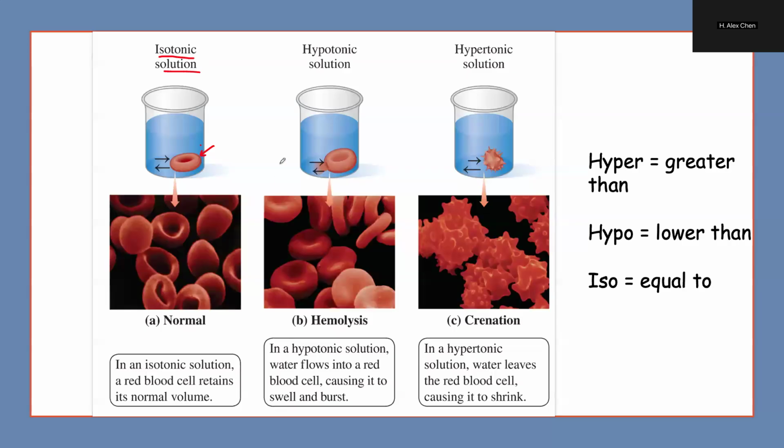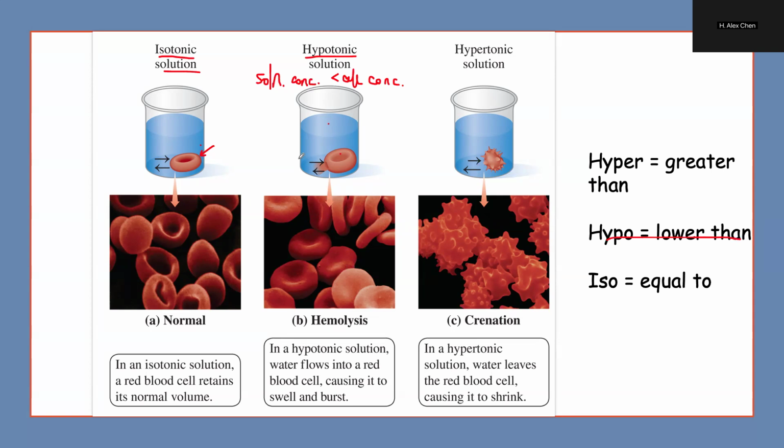Now, let's consider a solution where the solution concentration is less than the cell concentration. I'm going to write solution concentration, SOLN for solution, is less than the cell concentration. That word is supposed to be cell. That kind of solution is called a hypotonic solution, where the solution concentration is less than the cell.